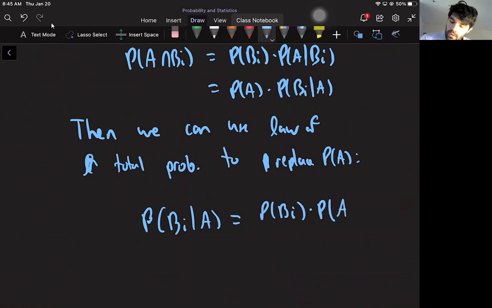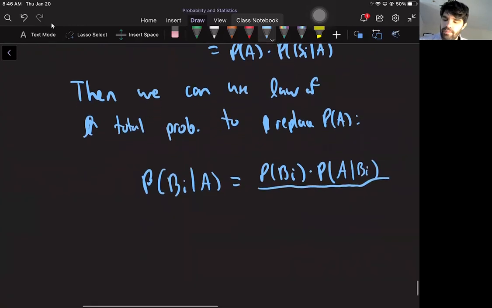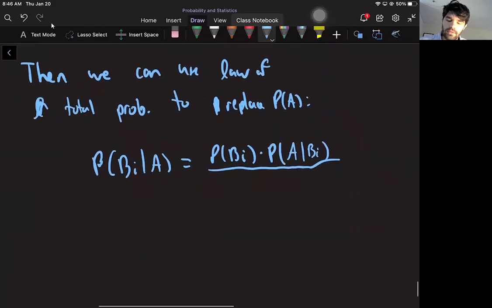As long as you know all of the conditionals in the reverse order, so if you know all the A given Bi's, if you know each of those and you know the probability of each Bi, then you can use this to calculate the probability of Bi given A instead.